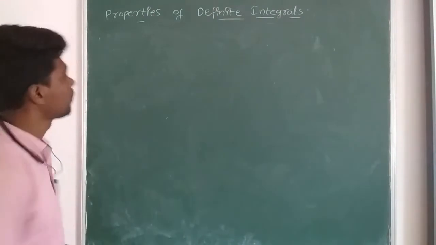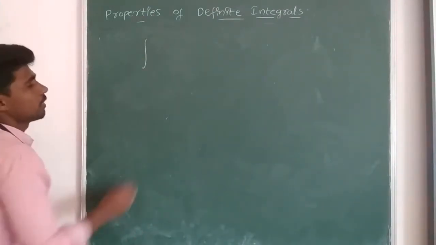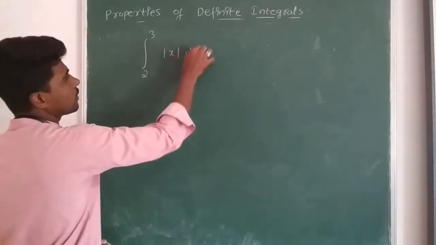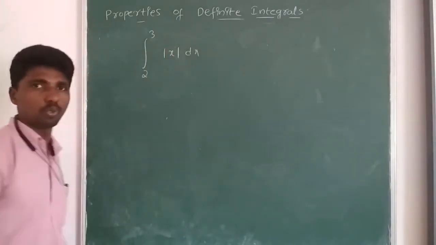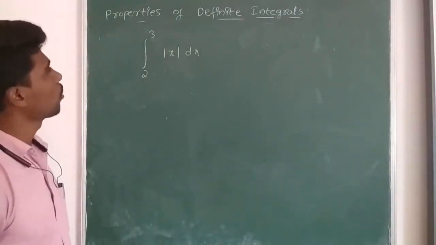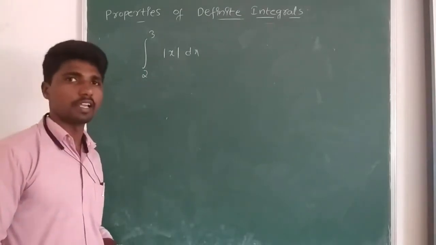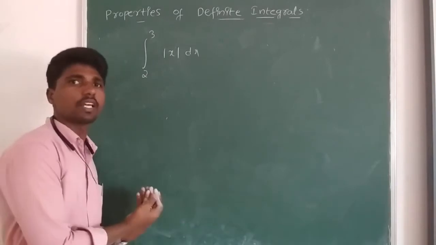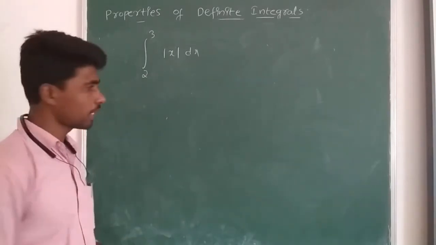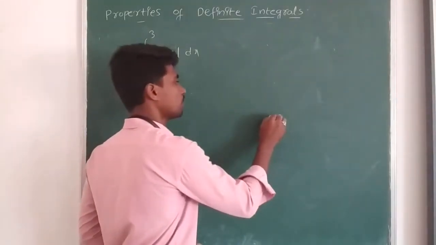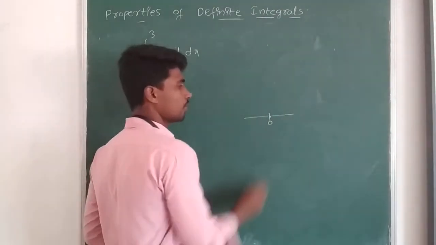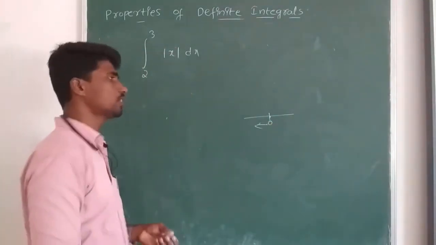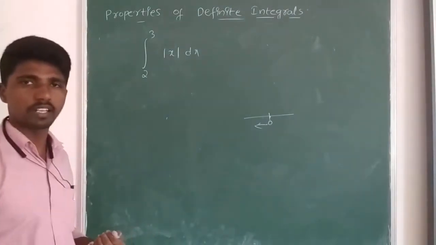Integral 2 to 3 of modulus of x dx. So for modulus x, its turning point is 0, because we have directly x equal to 0. If you consider any value which is less than 0, it behaves as negative.